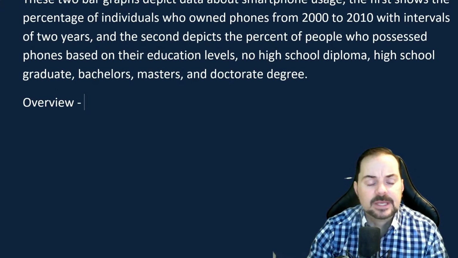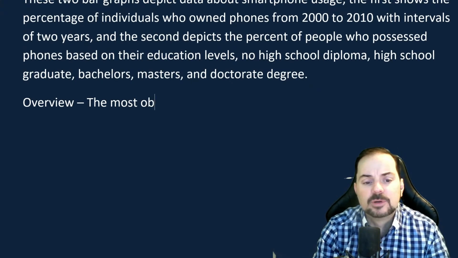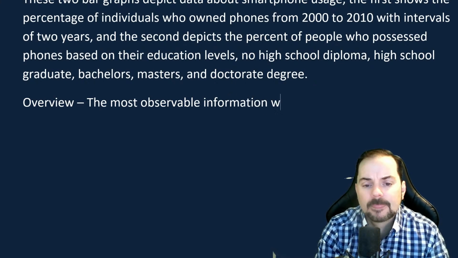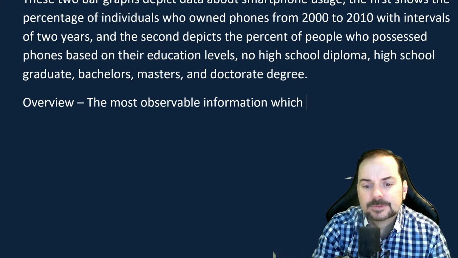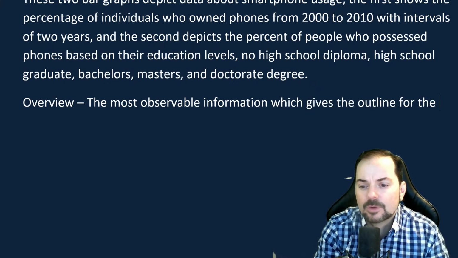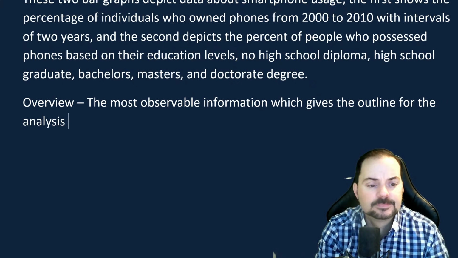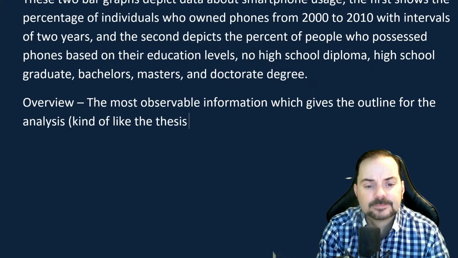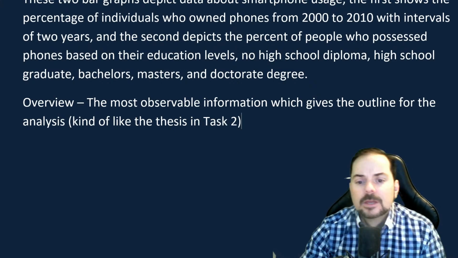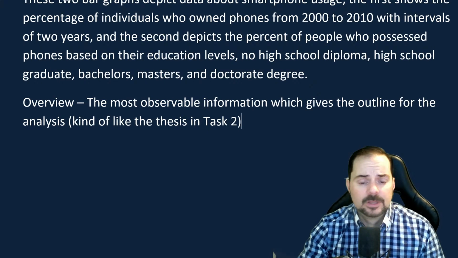Overview basically means the most observable information which gives the outline for the analysis, kind of like the thesis in task 2. Okay, so it's the most observable information.